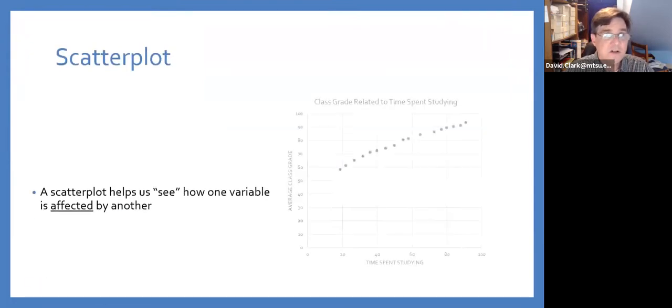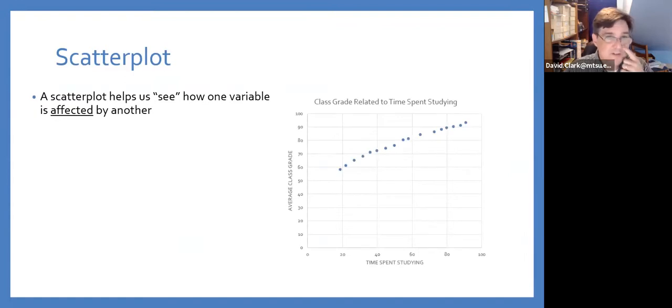So you've got a question there. What is a scatter plot used for? A scatter plot allows us to see how one variable is affected by another. I even gave you that answer. It's used to visualize how two variables relate to each other.